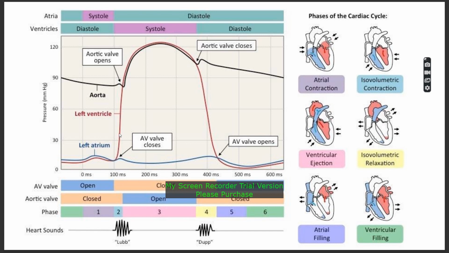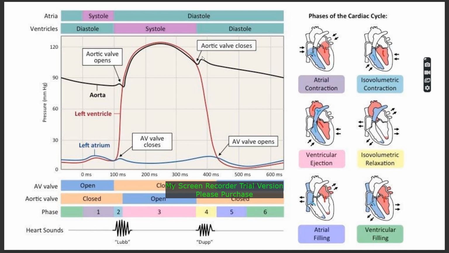When the pressure is increasing, at one point the pressure of the left ventricle exceeds the pressure of the aorta. Then, across a pressure gradient, the aortic valve opens and blood from the left ventricle goes into the aorta. Then at the end of ventricular systole, the aortic valve closes as the pressure goes down in the left ventricle below the aorta.